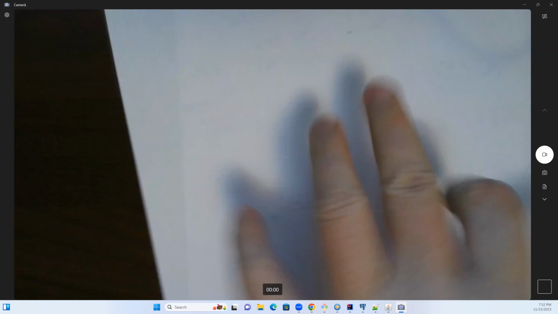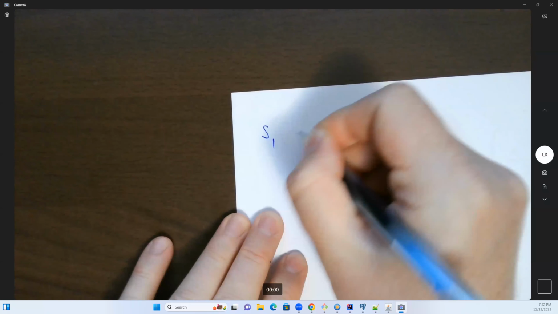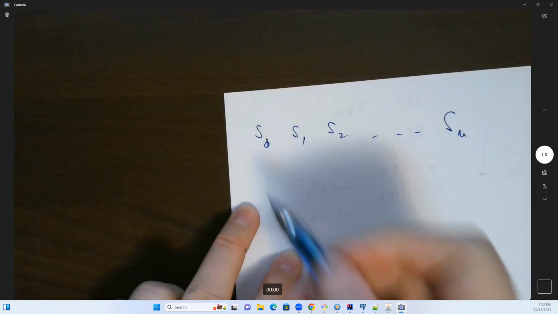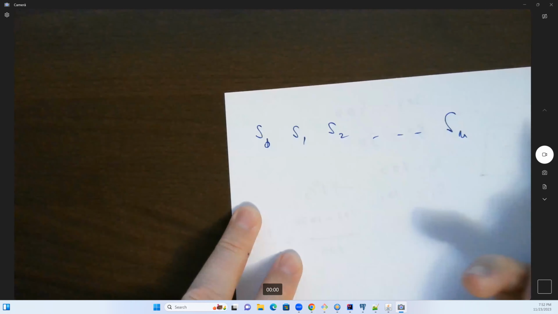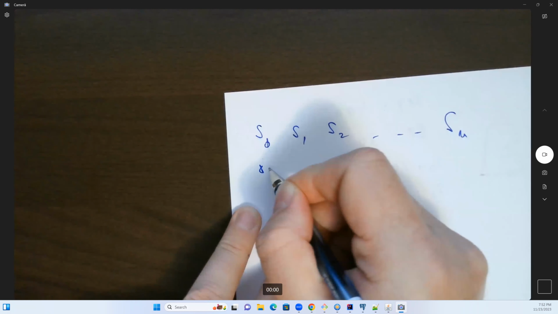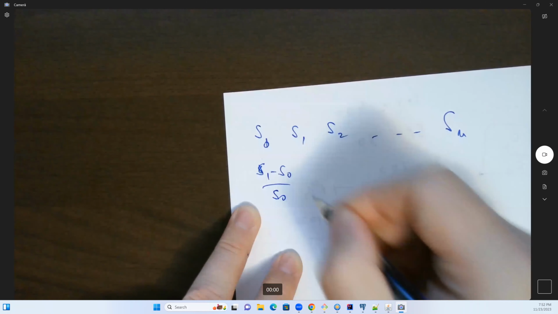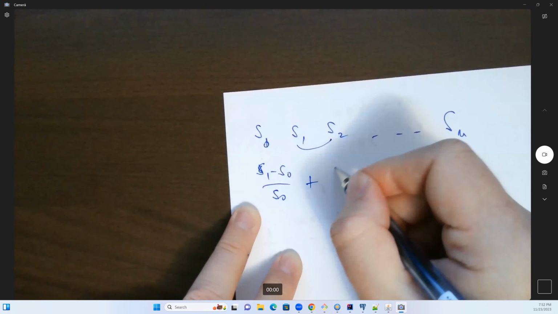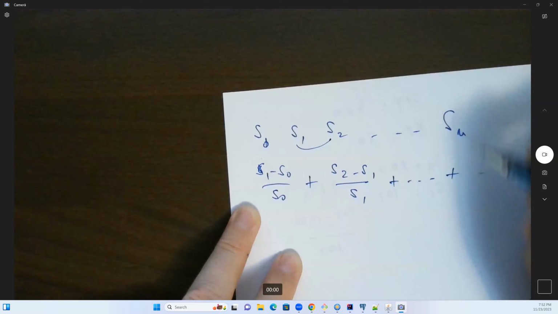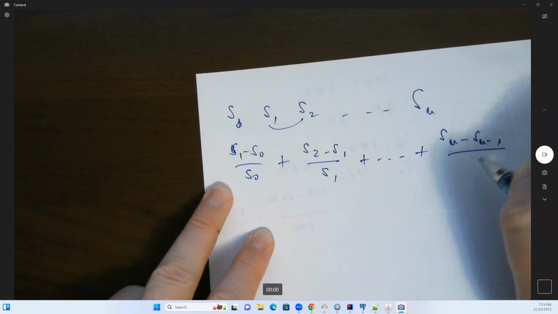So say we have a sequence of prices S0, S1, S2, Sn, and we want to calculate the total return from S0 to Sn. So on the first day, we had S1 minus S0 over S0, plus on the second day, we had S2 minus S1 over S1, plus on the last day, we had Sn minus Sn minus 1 over Sn minus 1.